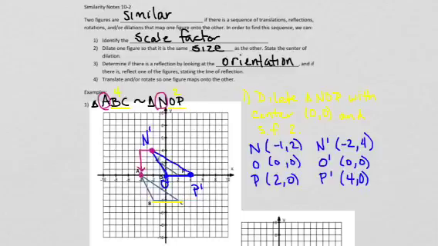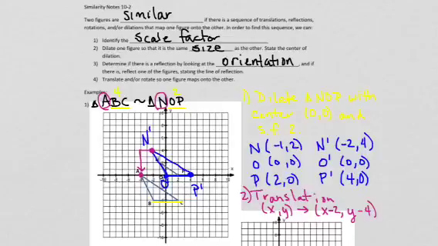So step 2 would be a translation where (x, y) goes to (x minus 2, y minus 4), because I move left 2 and down 4.